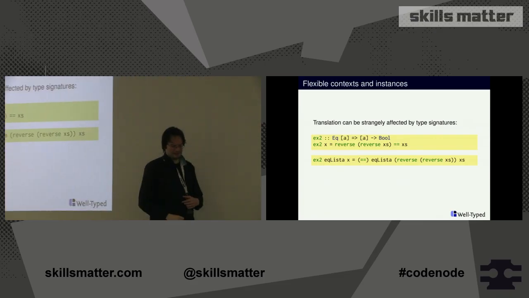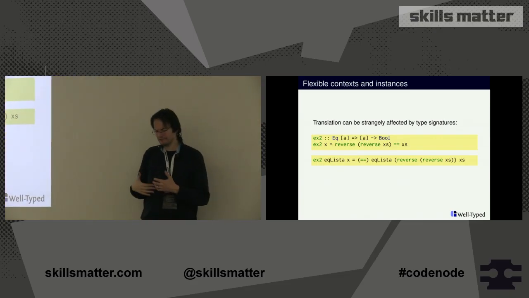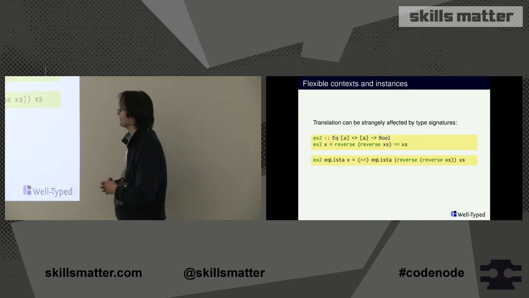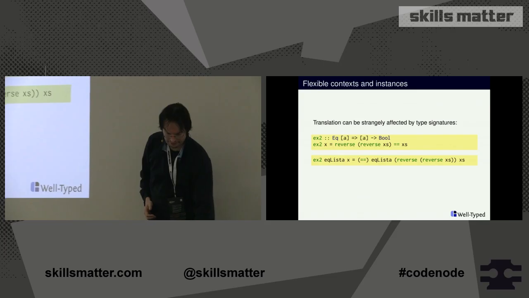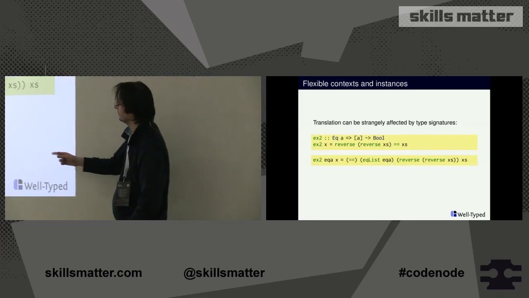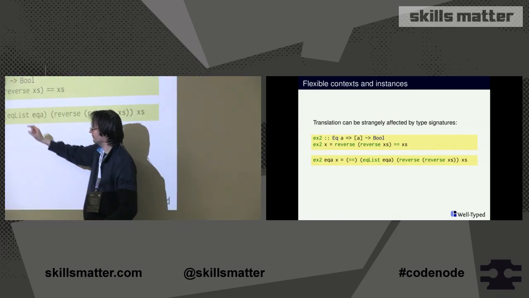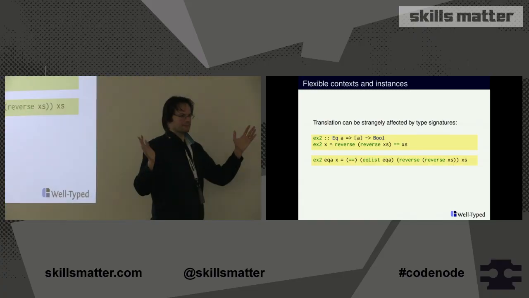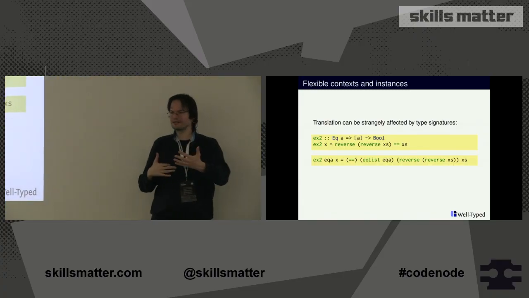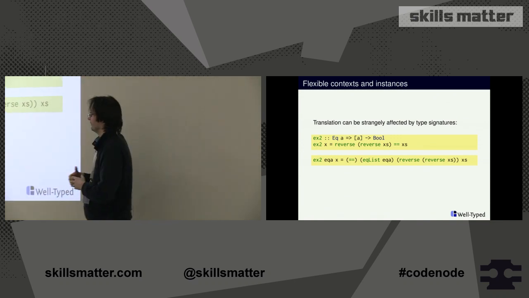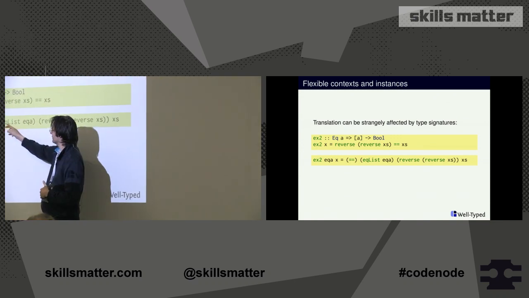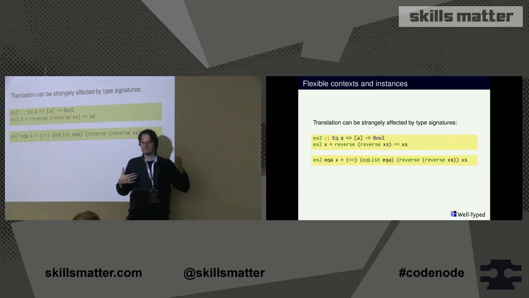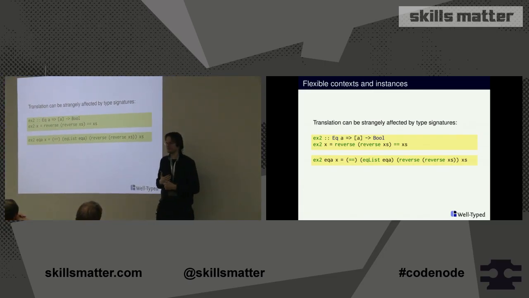And you can see that this strangely interacts with things like overlapping instances in a very subtle way. If you use the original translation, this one, and you would have an instance for lists of booleans somewhere that is different from the generic list instance, then if you've already applied Eq list here, you'll never be able to apply that specific instance for lists of booleans anymore.